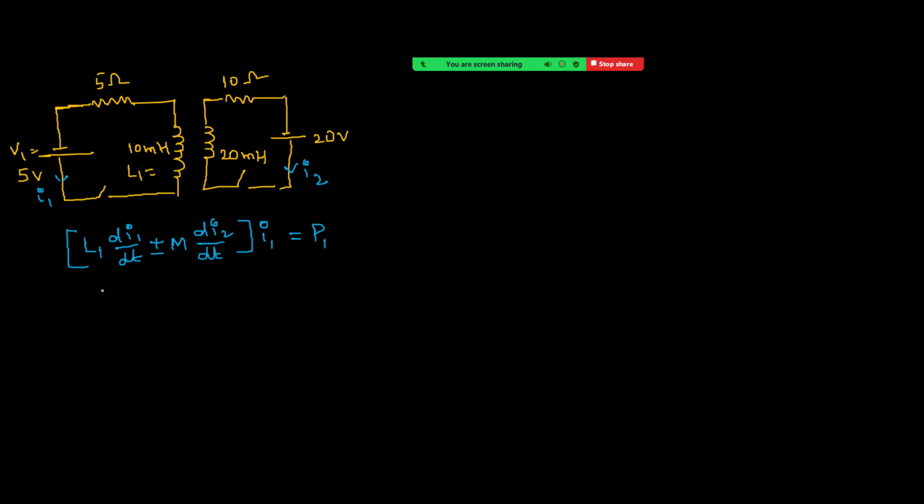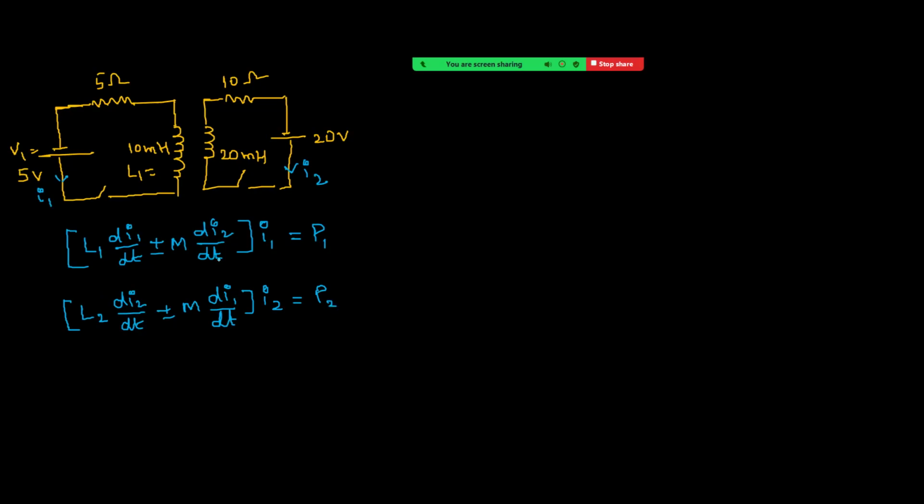In the same way, I am writing the EMF induced in the second circuit: L2 di2 by dt plus or minus M into di1 by dt, because of the change in current in the first circuit, an EMF is induced in the second circuit. Multiply with the current. Then this is the power developed because of the induced EMF.